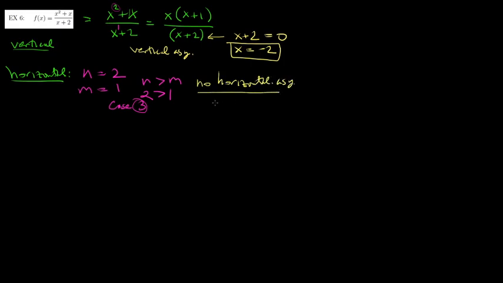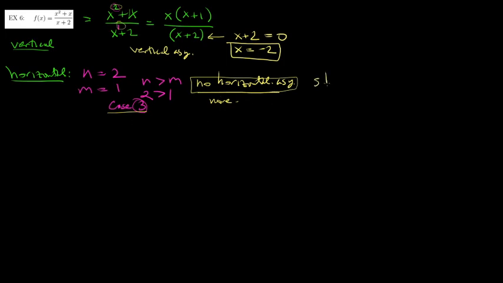It does have a vertical asymptote, but no horizontal asymptote. That's what happens in case 3: when the degree of the numerator, the exponent on top, is bigger than the exponent on the bottom, there's no horizontal asymptote whatsoever.